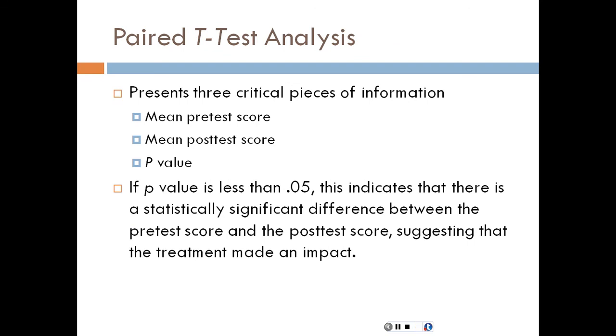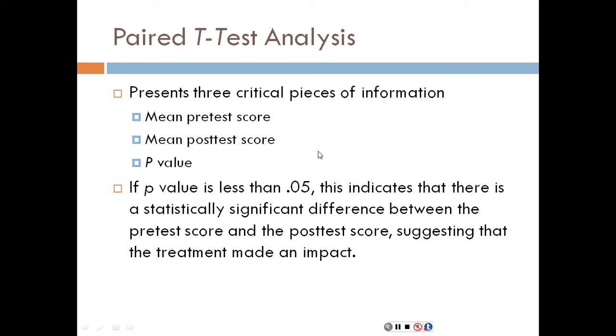So your paired t-test analysis, whenever we complete this analysis, is going to give us 3 critical pieces of information. It's going to give us a mean pre-test score, a mean post-test score, and a p-value that will tell us if there are any significant differences between the pre and the post. So if the p-value is less than 0.05, this indicates that there is a statistically significant difference between the pre-test and the post-test score, suggesting that the treatment made an impact.